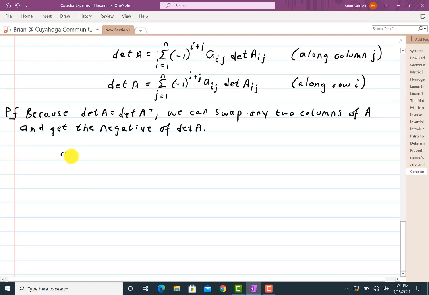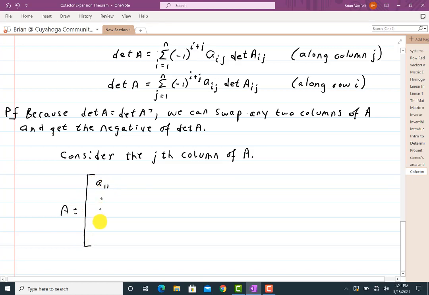In fact, do this. Consider the jth column of matrix A. So A equals, let me highlight it just in case we're going to need to speak of it. So I might do a11 up to an1, and then we have a1j.